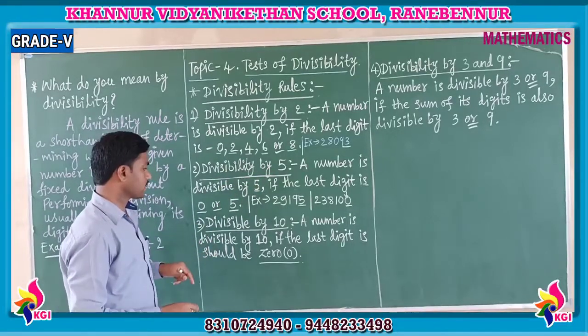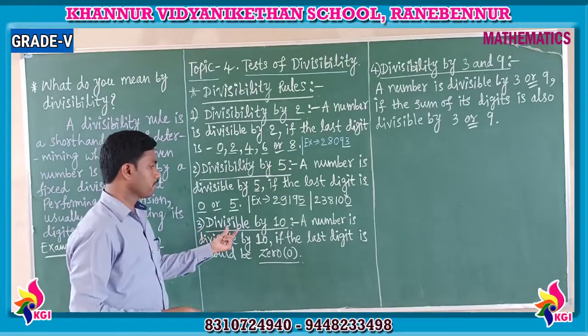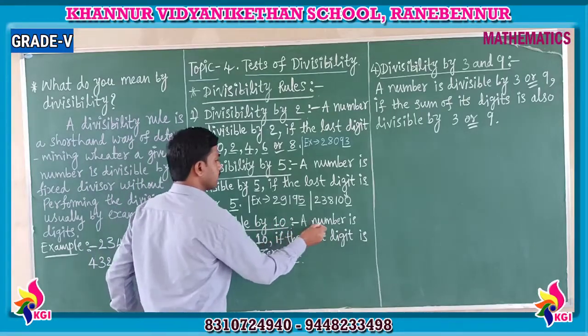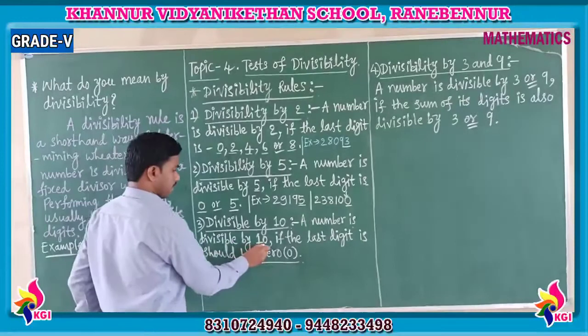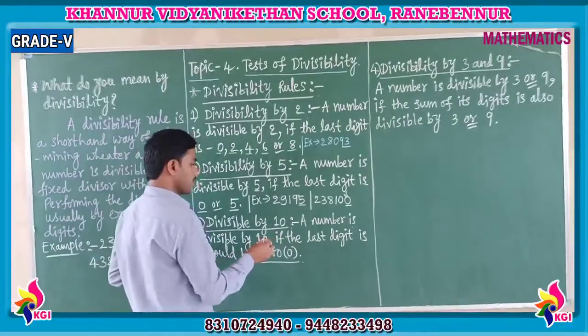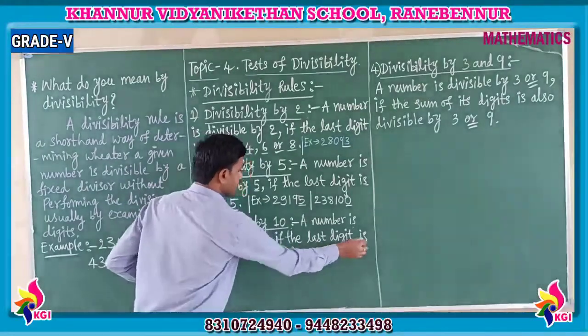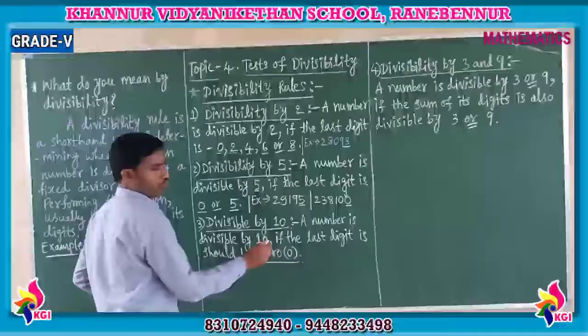Then the next rule, the third one, divisibility by 10. A number is divisible by 10 if the last digit is always 0.